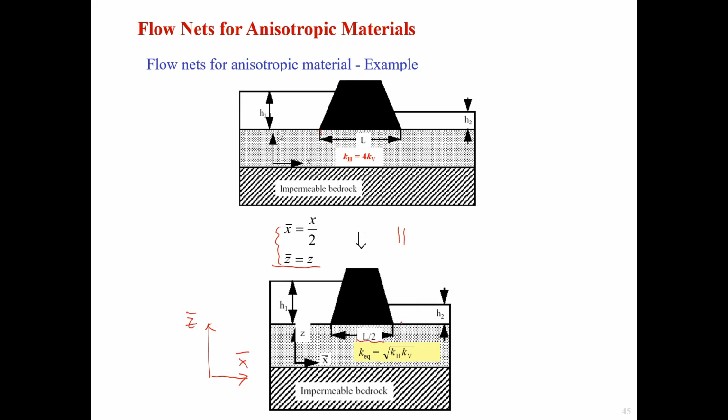So that's the only difference here. The other parts, the water heights upstream and downstream, we maintain the same. Another difference is that we need to use the equivalent permeability coefficient to do the calculation. So that's its expression.